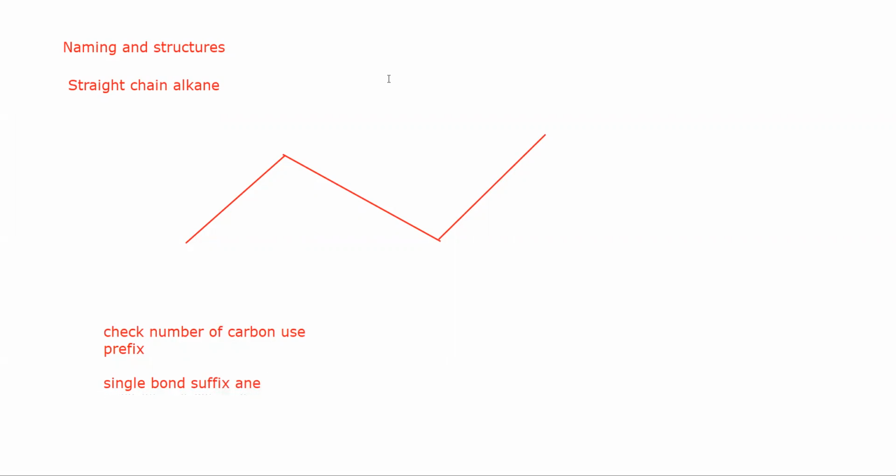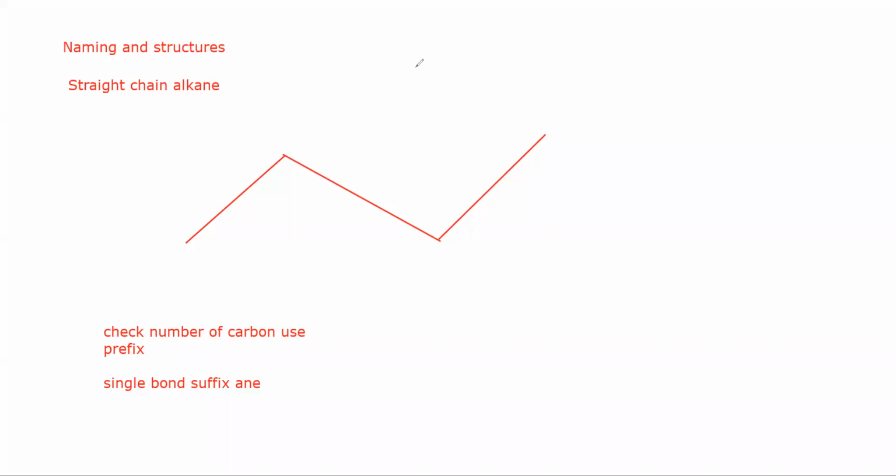So how many carbon atoms are there in this compound? This is a straight chain alkane, and this is a skeletal formula. So how many carbon atoms are there? 4 carbon atoms.